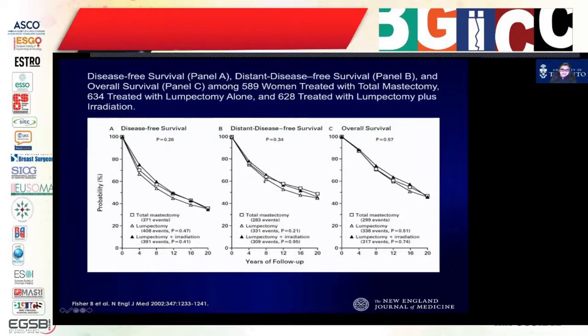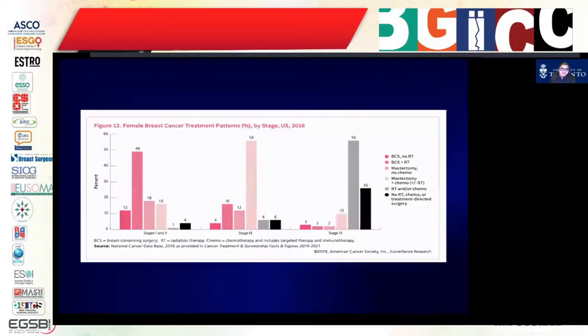And in fact, they showed that if there was added radiation, the distant disease survival improved, and all three parameters showed a great improvement. So it just proved again that breast conservation treatment with radiation helps.